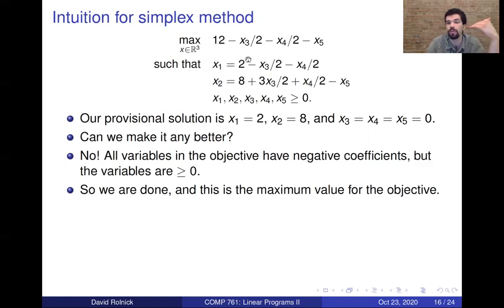Any solution to the original problem has to be also a solution to this and vice versa. It's not like we've set anything equal to individual values. We're provisionally thinking of x1 as equal to 2, x2 equal to 8, and all the other things equal to 0. But this is just another way to rewrite the original linear program. And so maximizing this objective function is equivalent to maximizing the original one. If this is 12 minus something greater than or equal to 0, then the original has to have an objective function that is at most 12.